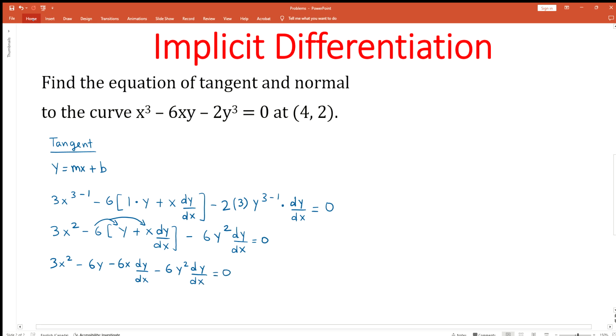We should isolate dy over dx in this equation. So we should move 3x squared to the right side of the equation and it will change to negative 3x squared, and we should move negative 6y to the right side of the equation and it will become positive 6y.